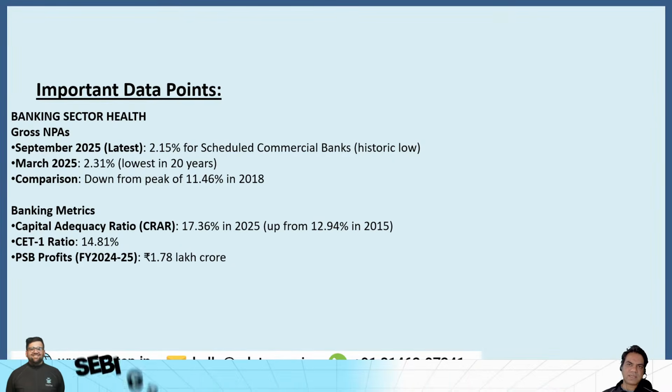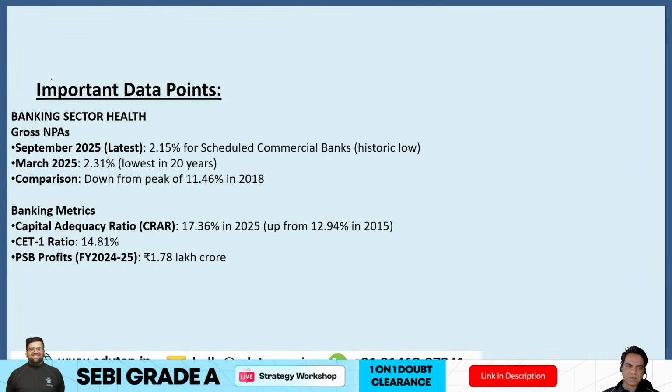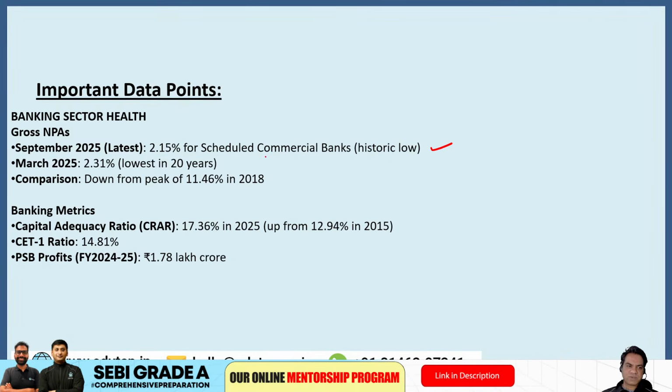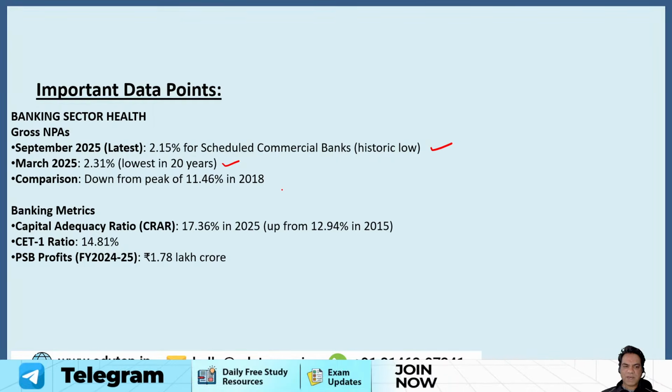Now guys, let's talk about banking sector health. Now gross NPAs in September 2025, 2.1% for scheduled commercial banks, which is historically low. March 2025, 2.3%, lowest in 20 years. In comparison, down from peak of 11.46% in 2018. The NPAs have come down to 2.15%. This is huge.